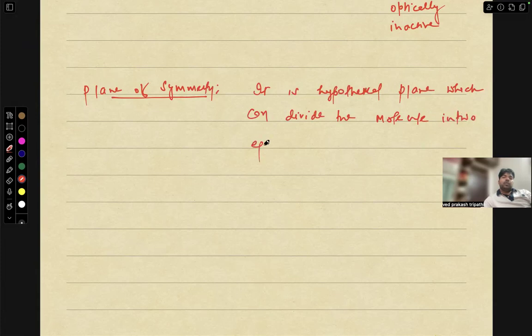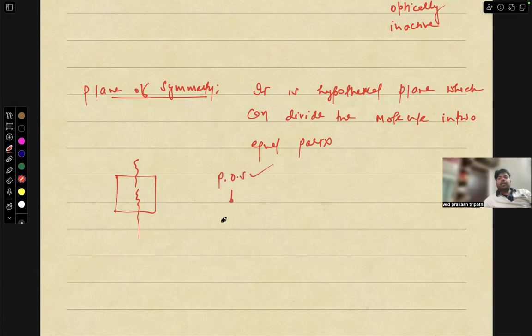Two equal parts. Like this. Suppose we have this compound and now it is divisible into equal halves. So we have a plane of symmetry. So whenever we have a plane of symmetry, that particular compound is known as optically inactive. And optically inactive compounds are achiral in nature.